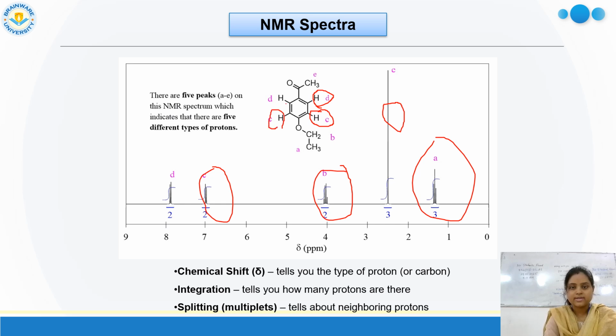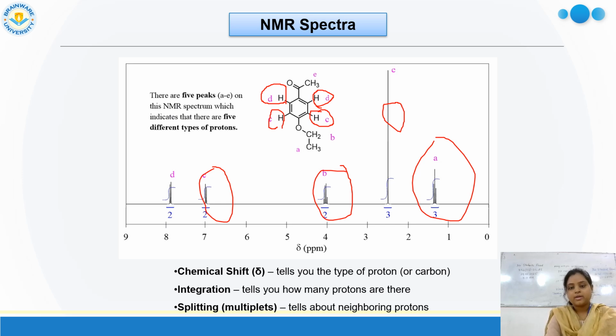The neighboring proton is Hd. How many neighboring protons are present will be told by the splitting or the multiplicity. Slowly we'll describe more about this NMR spectra.